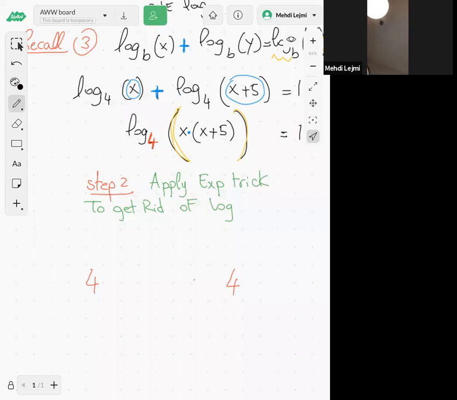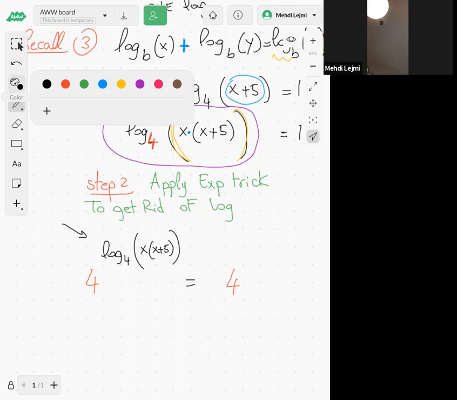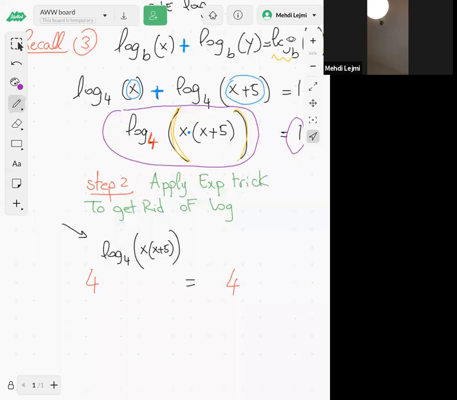On the left side, as exponent, I'm gonna put this whole thing, what I have on the left side. So we're gonna have log in base 4 of x times x plus 5. And on the right side, as exponent, I'm gonna put the right hand side of my equation, which is just 1.